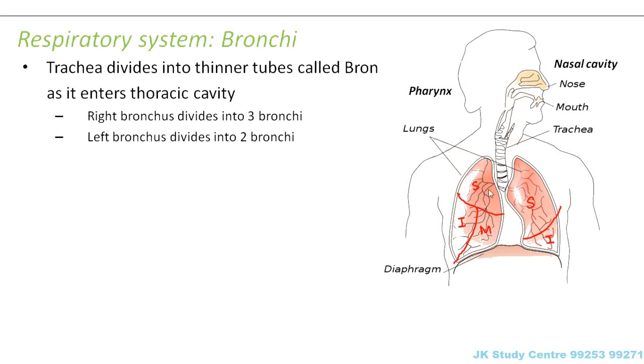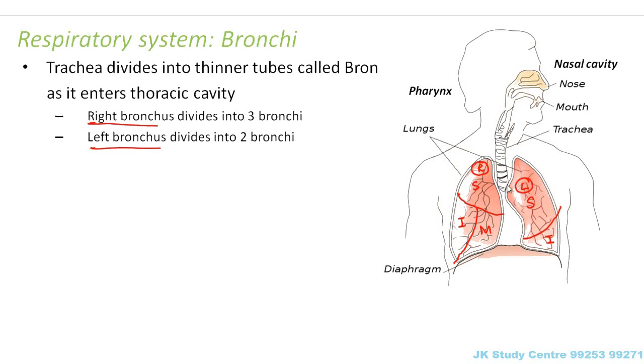So it will divide into 2 branches. One is the right bronchus and the other one is the left bronchus. So the right bronchus will enter inside the right lung and the left bronchus will enter inside the left lung. So this is the left lung and this is the right lung. Correct? So since in the right lung we have 3 different lobes, there will be 3 bronchi reaching into each lobe.